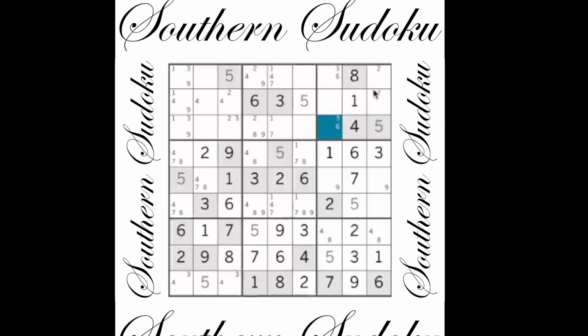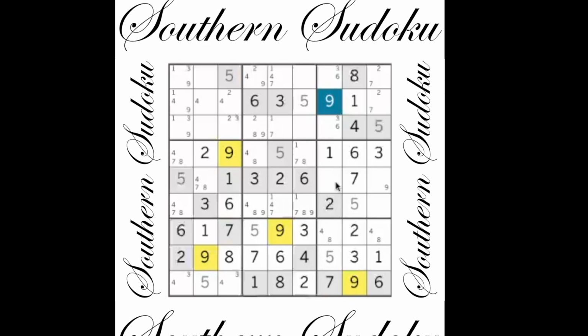We have a 7 and a there and there, so these two are 2 and 7. Which tells me this one's the 9. So we have 1, 2 is going to be one of those two. 3 has to be one of those two. We have the 4 and the 5. 6 has to be one of those two. 7 has to be one of those two. We have 8. This has to be 9.